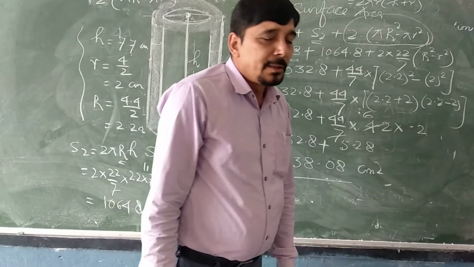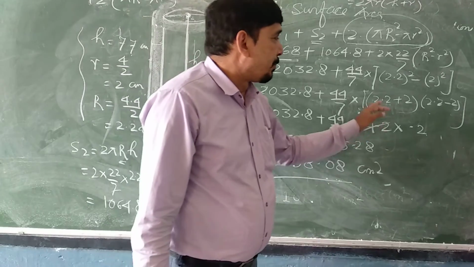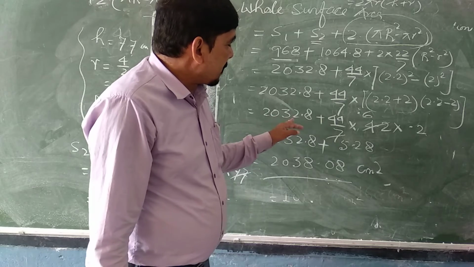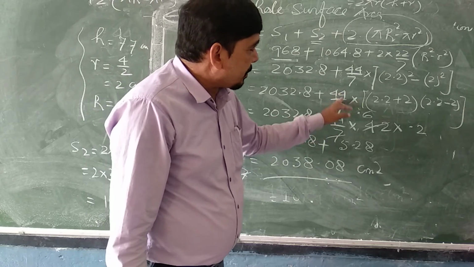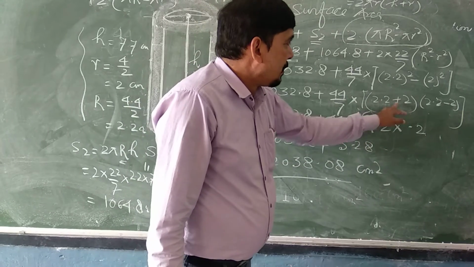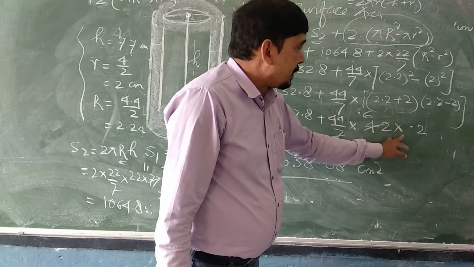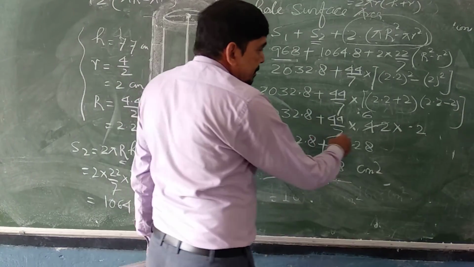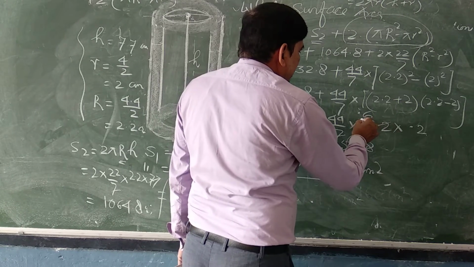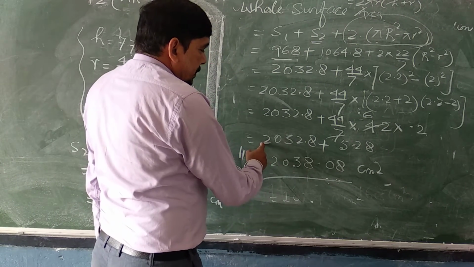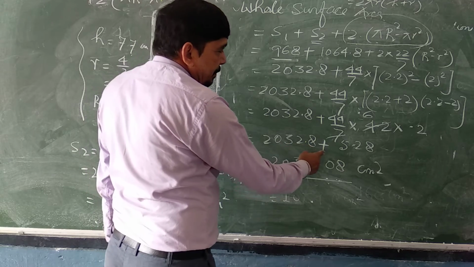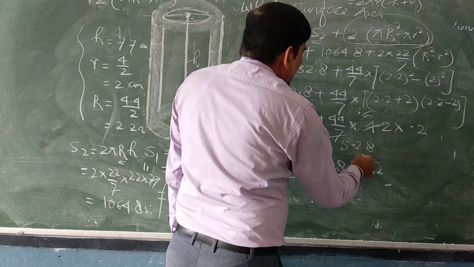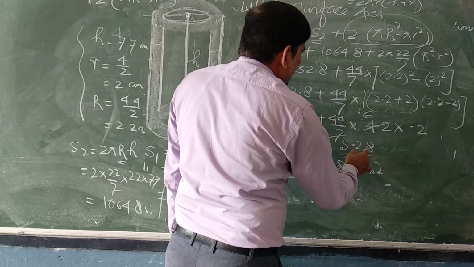Now break it using the identity (a plus b) into (a minus b): 2.2 plus 2 into 2.2 minus 2. It gives 2032.8 plus 44 by 7 into 4.2 into 0.2. Now the 7 cancels, giving 0.6. Multiply 44 into 0.12, it gives 5.28.